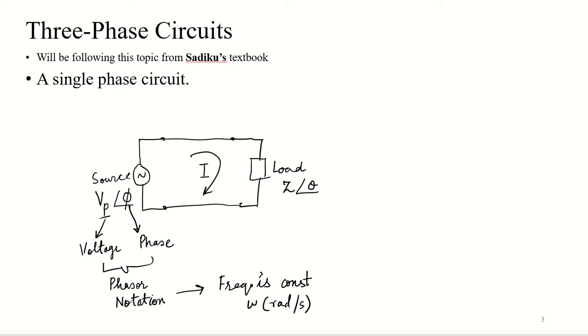So this is one of the key assumptions for a single phase circuit. We have a source generating voltage at, say, any value Vp, with a phase of this, rotating the voltage at a constant frequency, and supplying it to a load with the help of wires or connectors.